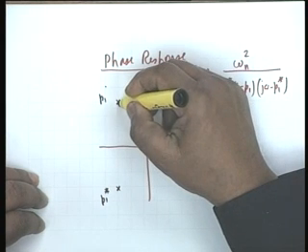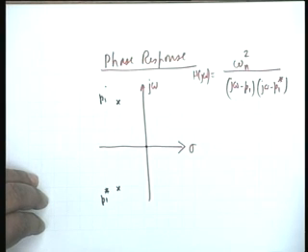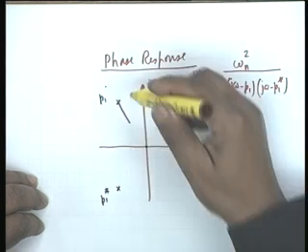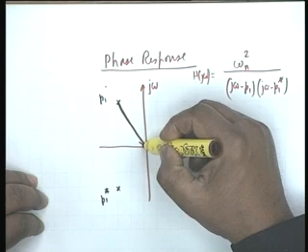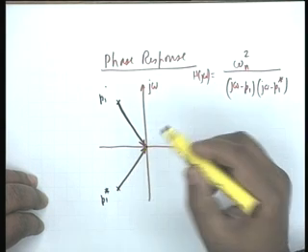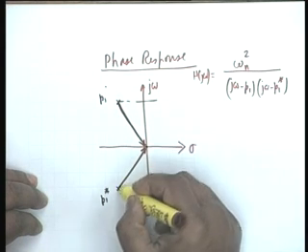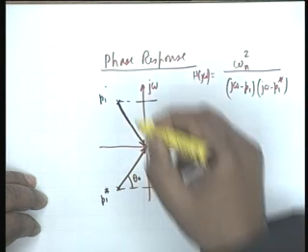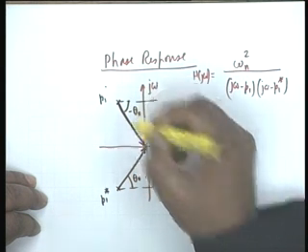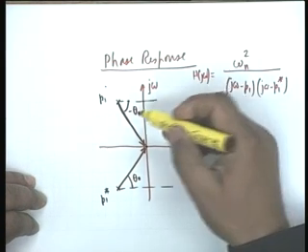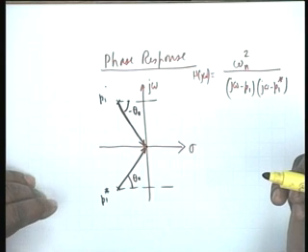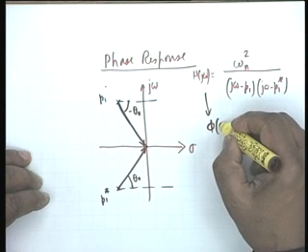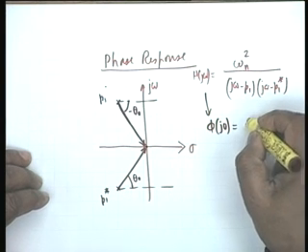So draw the two vectors and find their angles. Let this angle be called theta 0, then obviously this angle is minus theta 0, and the sum of the two angles is equal to 0, and therefore phi of j 0 would be equal to 0. Agreed?